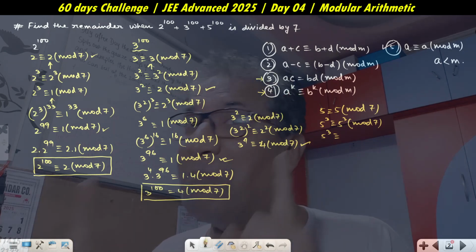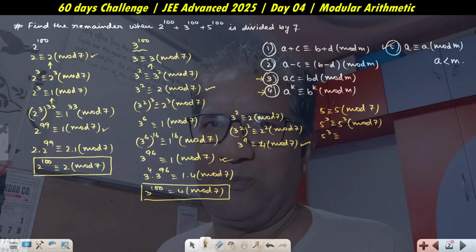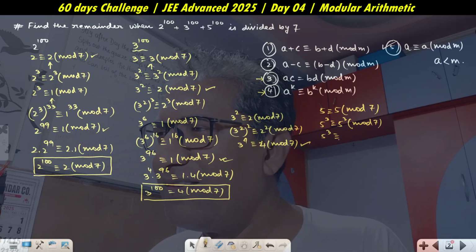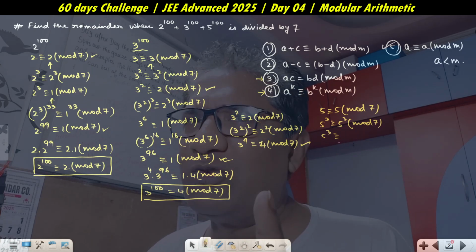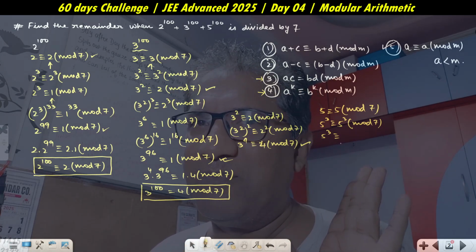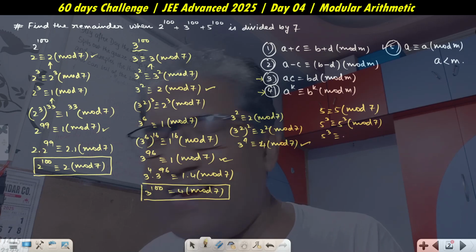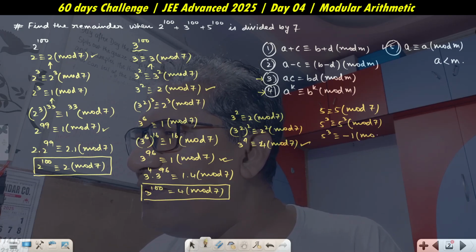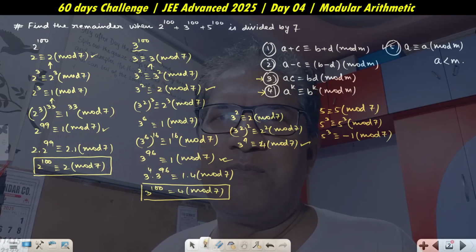Because again I am telling you, my motto is to get that thing as 1, I will do a little trick. We are actually having 125, but we know that 126 is completely divisible by 7. So in this case, you write your remainder is minus 1 when it is divided by 7.